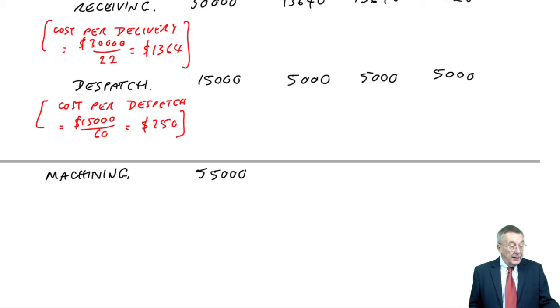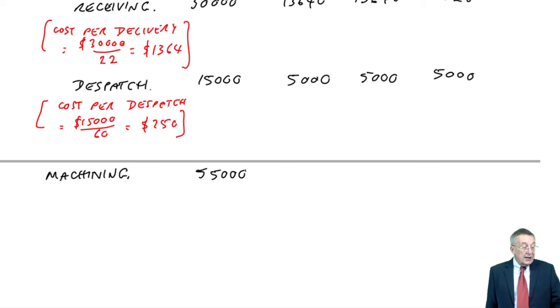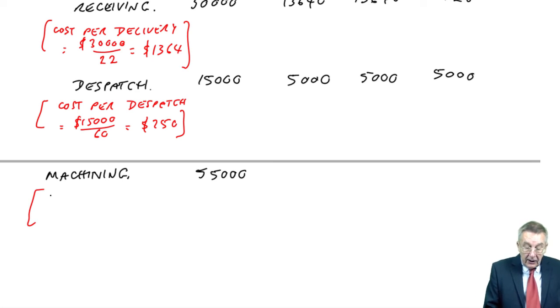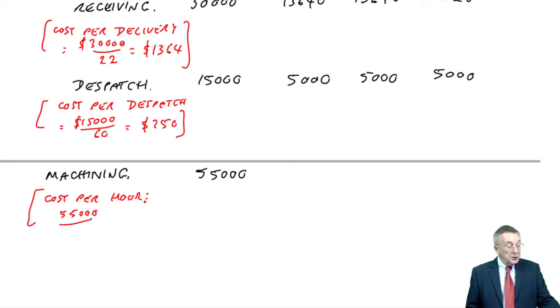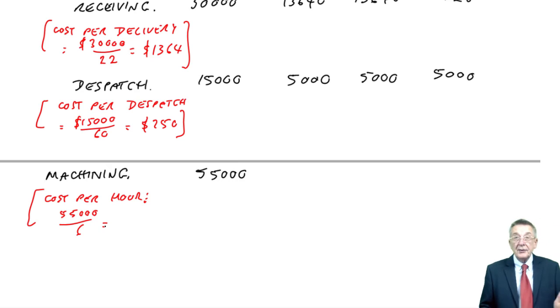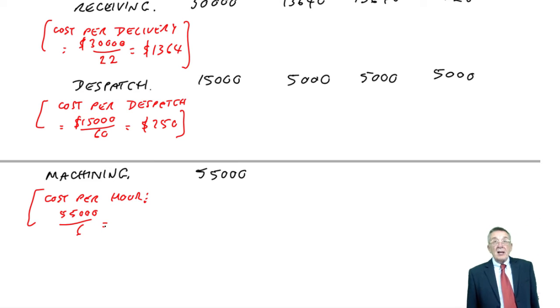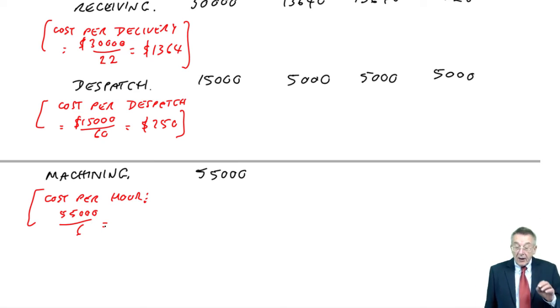But what some people do without thinking, they say, the cost driver, what's causing it, again from the information, it's machine hours per unit. And if you're doing this with me, don't copy this down, for heaven's sake, because it's wrong. But they say, let's work out the cost per machine hour. 55,000. How many hours? 2, 2, 2. And off they go.